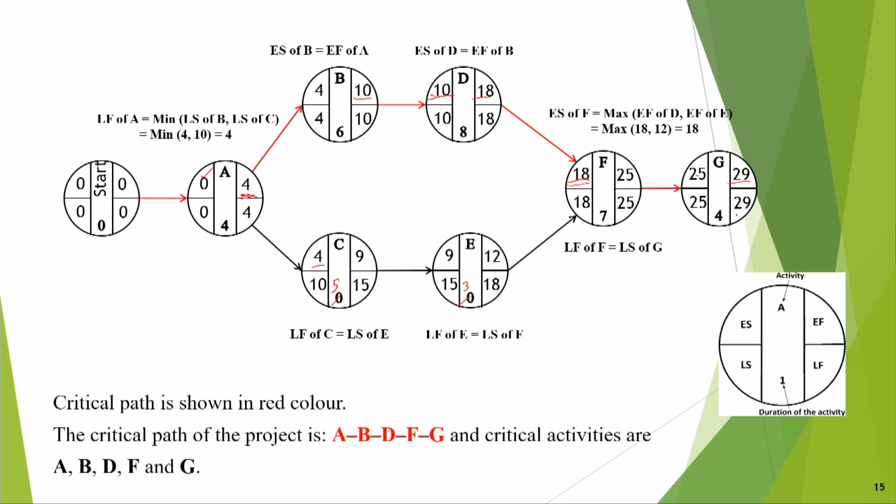Now the backward pass: you start from the backward way. So 29 minus 4 is equal to 25, and 25 minus 7 is equal to 18.